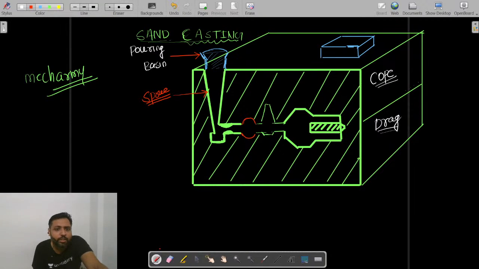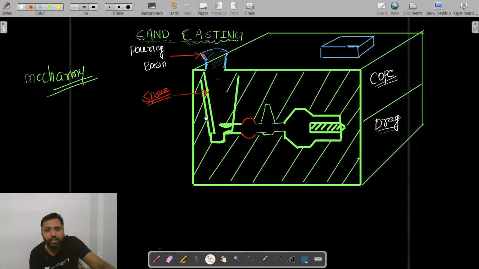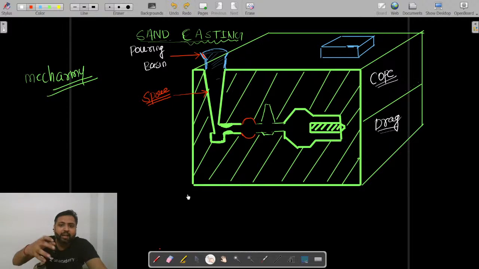Why do we put this pouring basin here? The reason is, if you pour the molten metal directly here, my dear, the surrounding is sand mold, and you don't want that sand mold to break and mix with the molten metal.